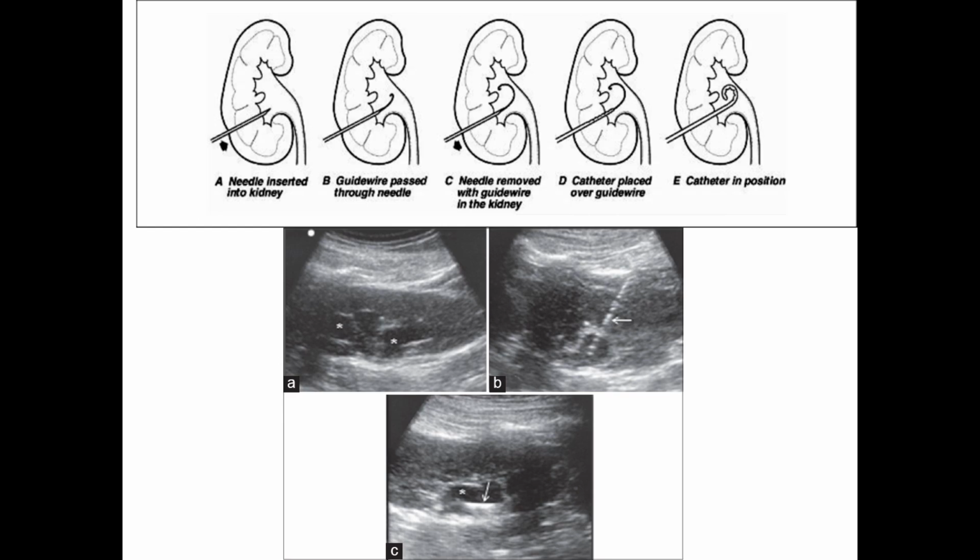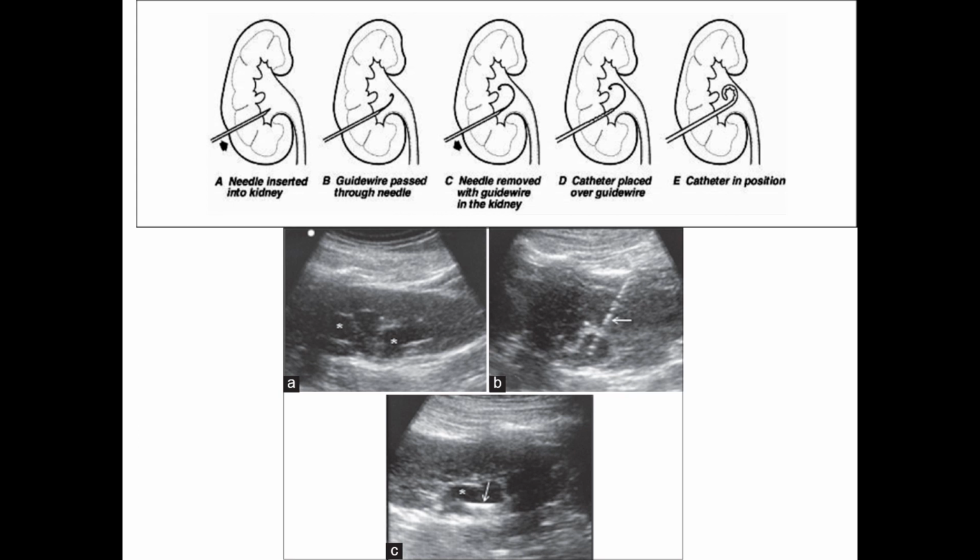And these are the sequential steps of how you do a percutaneous nephrostomy. First, you put the needle under ultrasound guidance inside the targeted calyx, usually a lower calyx. Then you take out the needle, the trocar remains, and you push in a guide wire.